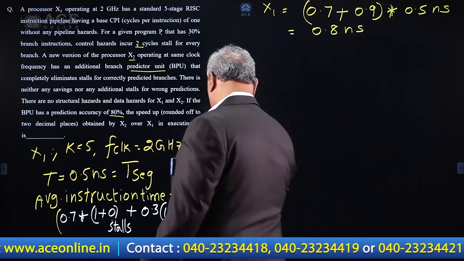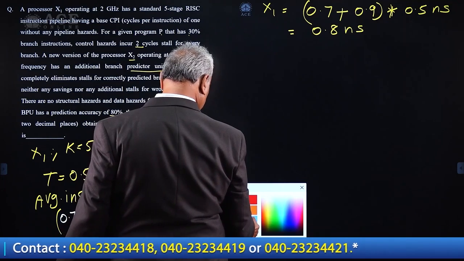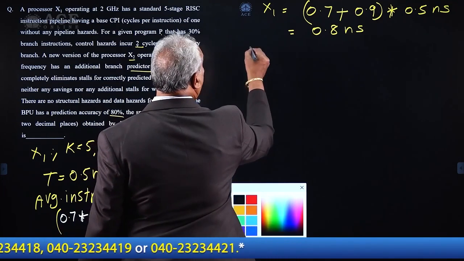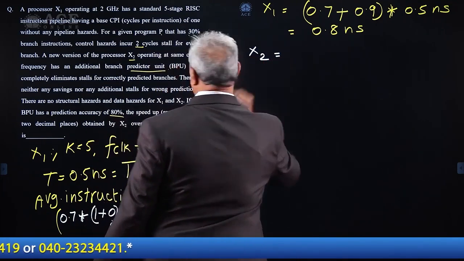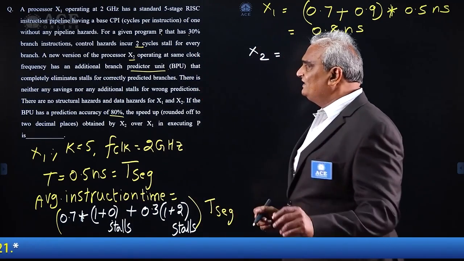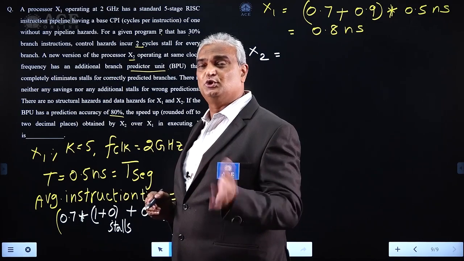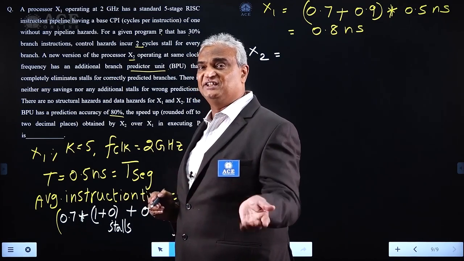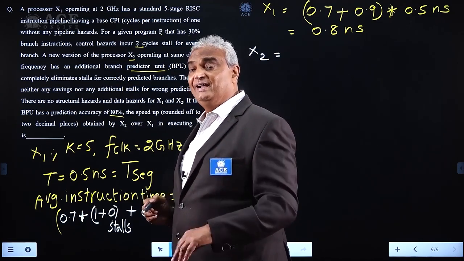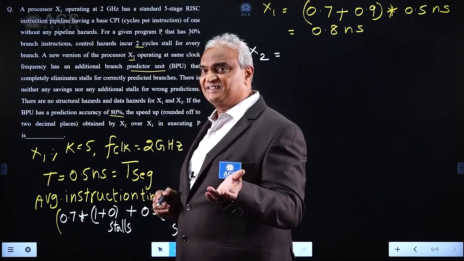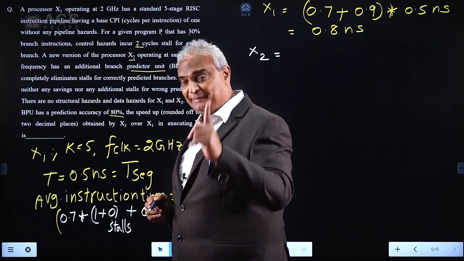Next, what about x2 here? For x2, the BPU unit is used to provide the branch prediction. Out of 100 instructions, it provides accuracy for only 80%.